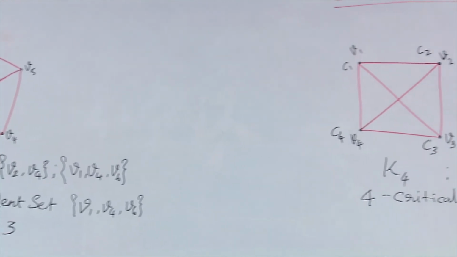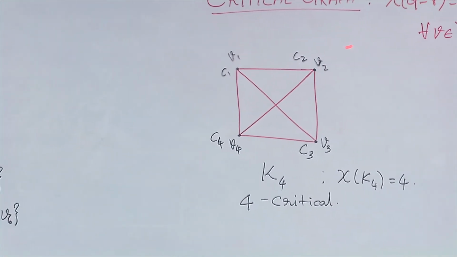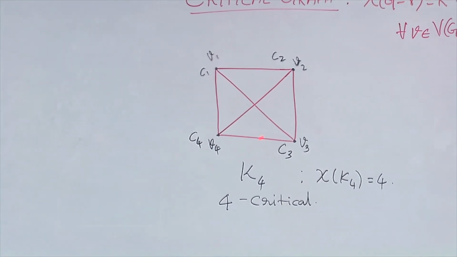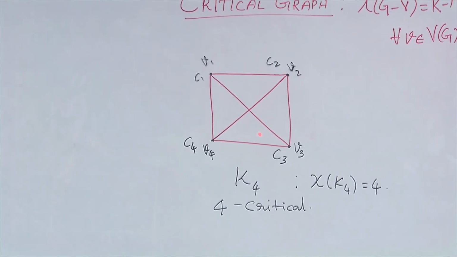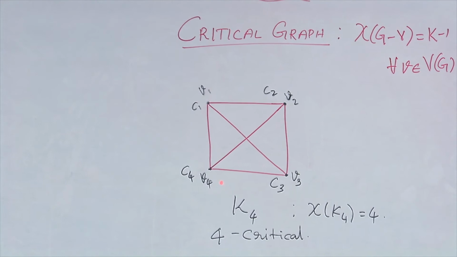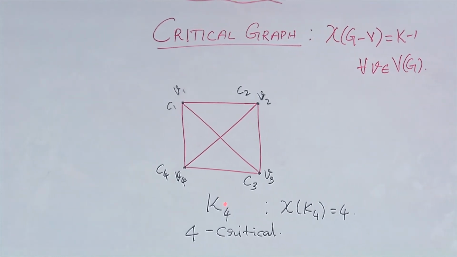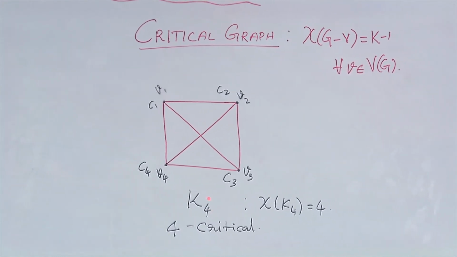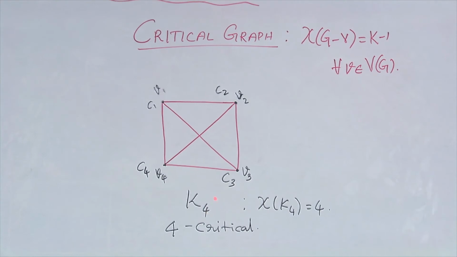Now, see the example for critical graph. Consider this graph. This is K4 and the chromatic number of this graph is 4. We have already seen that for every complete graph with P vertices, the chromatic number is P. Here it is a complete graph with 4 vertices, so the chromatic number is 4. What happens if I remove a vertex from this graph?